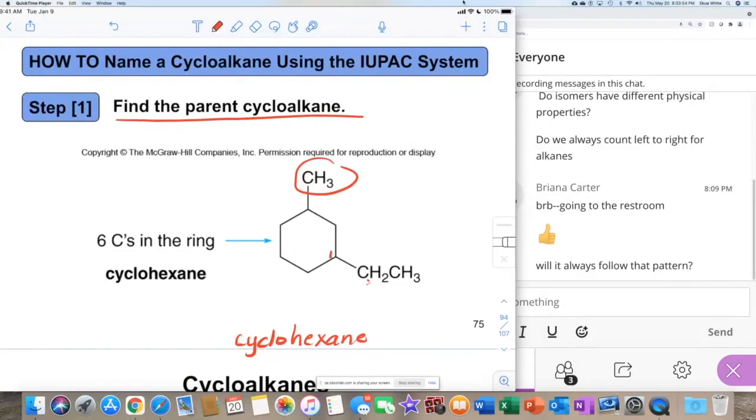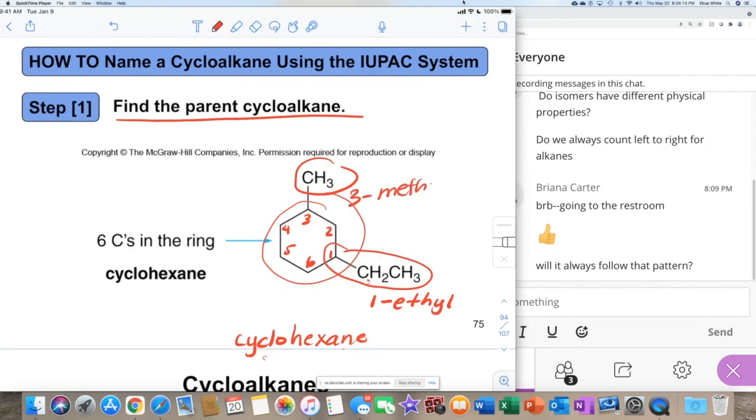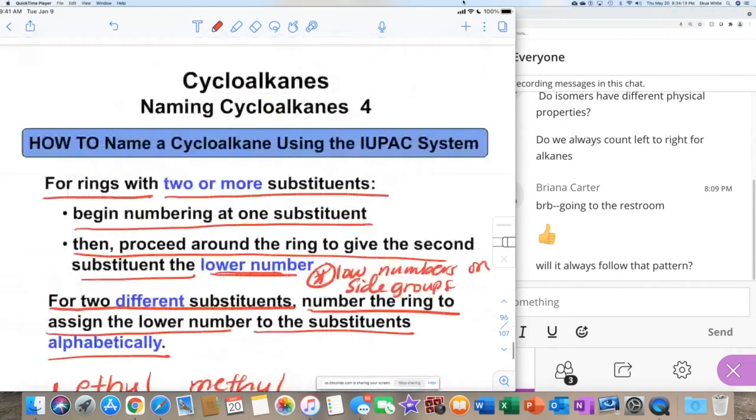So I'll say 1, 2, 3, 4, 5, 6. So my cyclical part is cyclohexane. And then on carbon 1, I have my ethyl. So I'm going to say here 1 dash ethyl. On carbon 3, I have my methyl. Okay? So let's see how they combine them together.